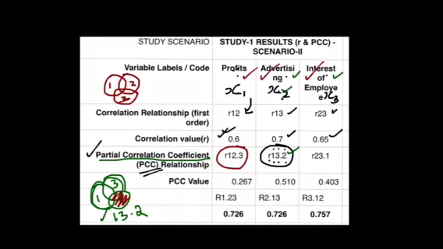And that's what we're trying to understand through the notation R subscript 12.3. This is the PCC of trying to understand the relationship between profits and advertising while we partial out the influence of interest of employees.